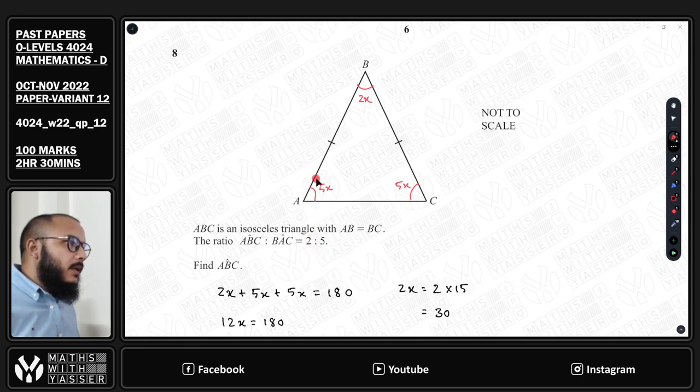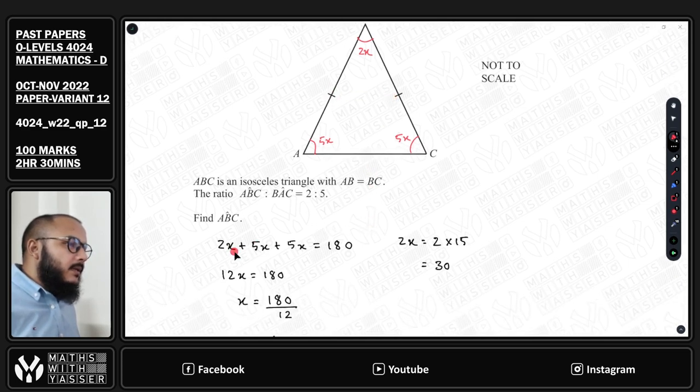So this angle ABC and this angle are connected by a relation of 2 is to 5. So if I claim this to be 2x, this should be 5x. And since this is an isosceles triangle, if this is 5x, this should also be 5x, because these are the opposite angles of the equal sides.